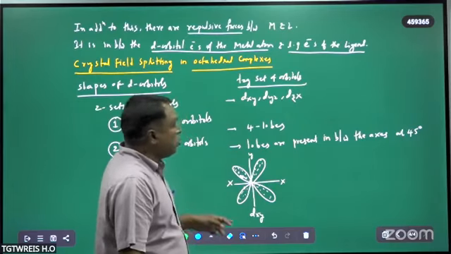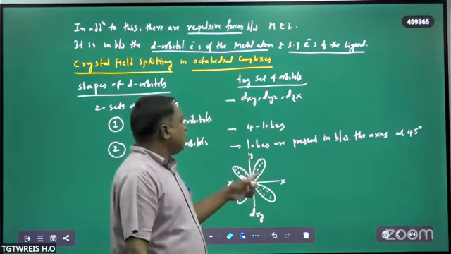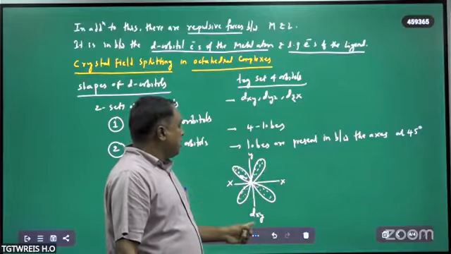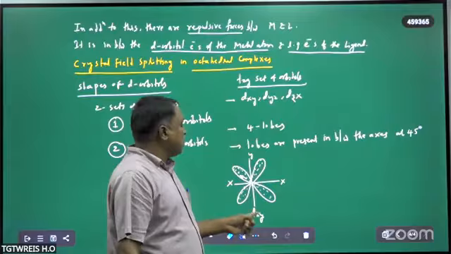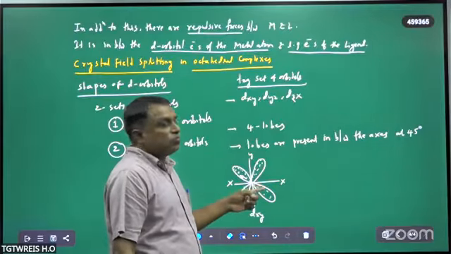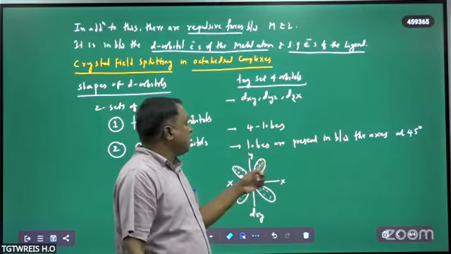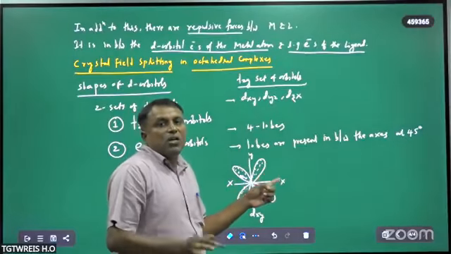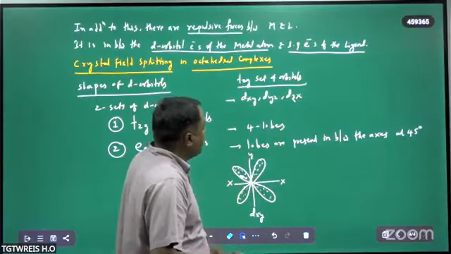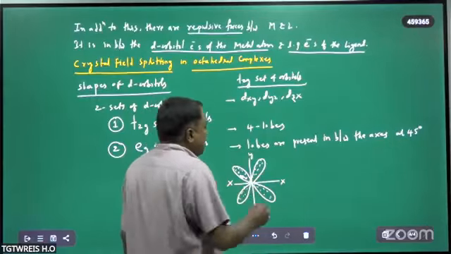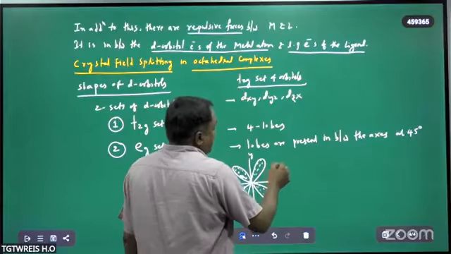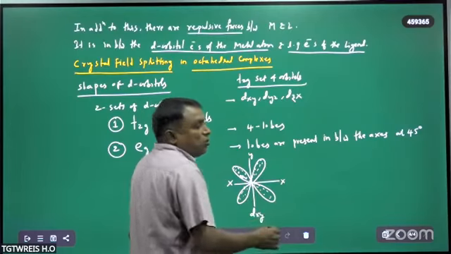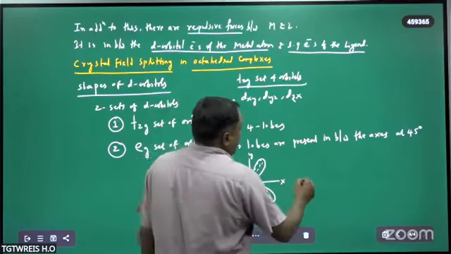It has four lobes, and there are two nodal planes for each of dxy, dyz, dzx. For dxy, these are xz and yz. For these there is no electron density, therefore psi square is 0 in this area. So xz and yz are the nodal planes for this dxy.